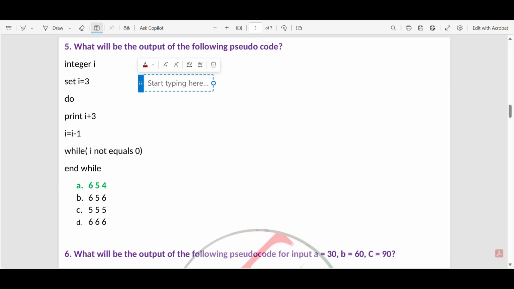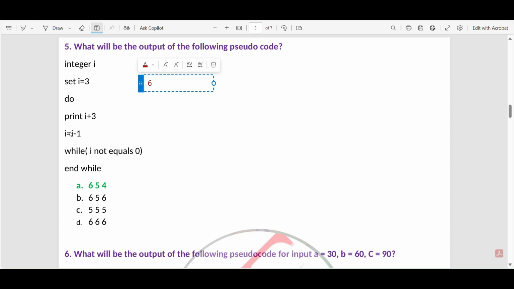It is 3, right? So 3 plus 3, then we'll be printing 6. And next the I value changes. It is I minus 1, right? So 3 minus 1, I will become 2, right? While I not equals to 0.